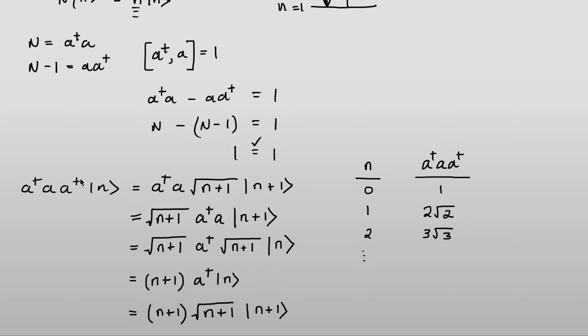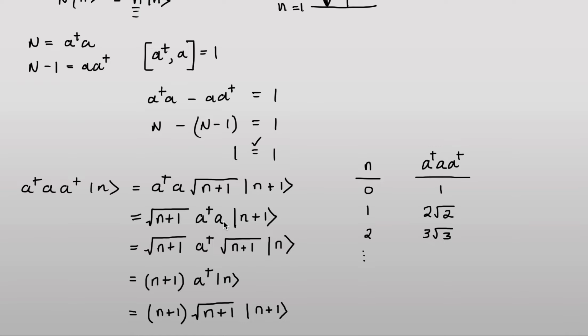So we see that the creation operator acts on the n state to give the n+1 state, and this is the eigenvalue for that operation. This is just a number, so we can bring this out like this. Then we have our annihilation operator acting on the n+1 state.